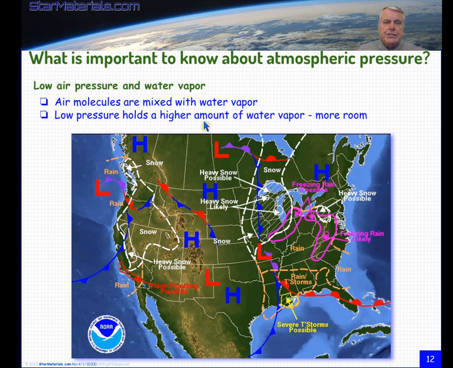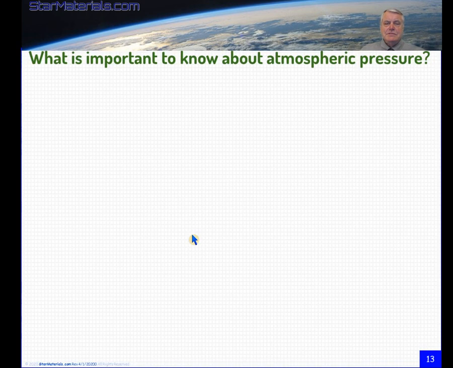It's a low pressure area. And you'll see these lows are associated with some kind of precipitation, rain, snow, sleet. So whenever you see a low, you're looking at cloudy skies. Highs, clear skies.